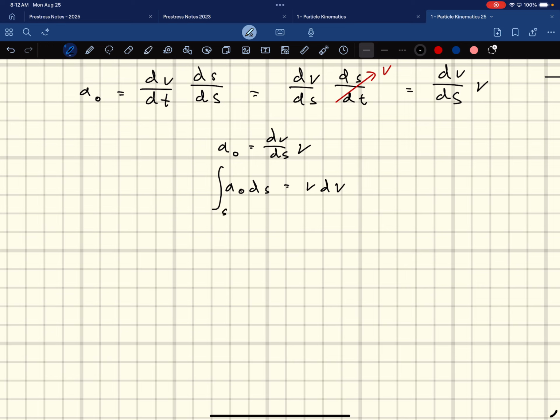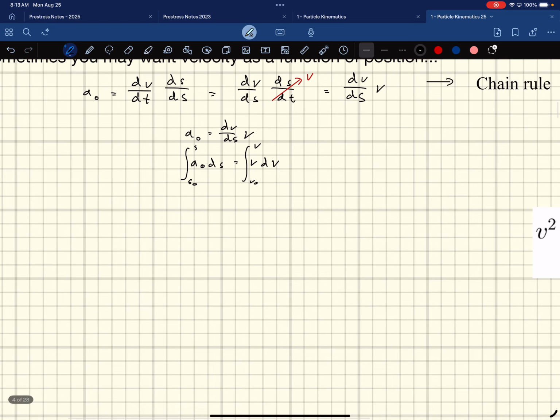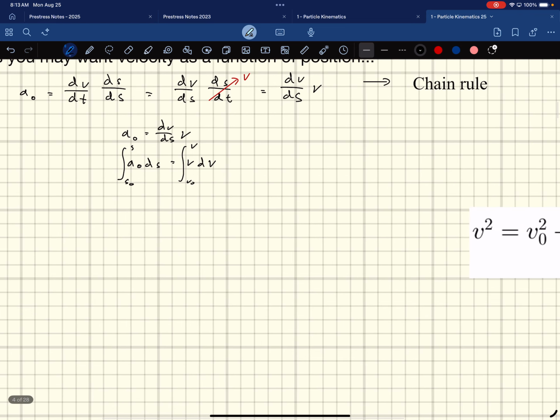We integrate this from s naught to s, and this from v naught to v. And if you carry out these integrals, considering that a naught is constant, and you solve for v, this is what you get.